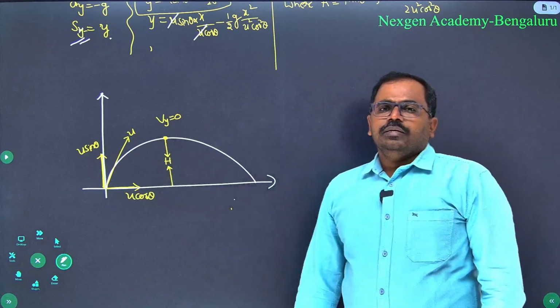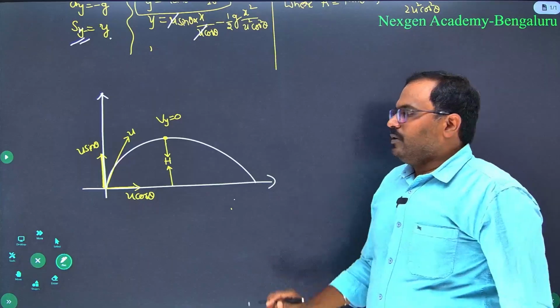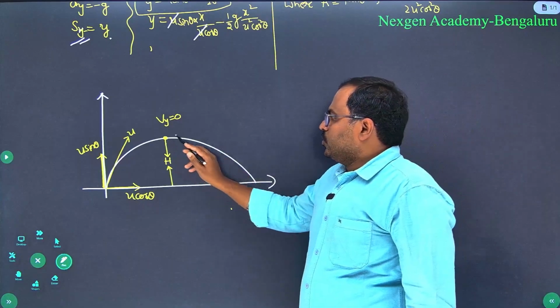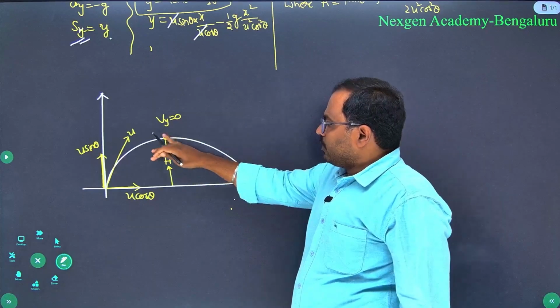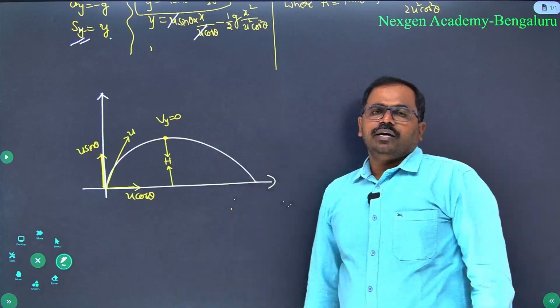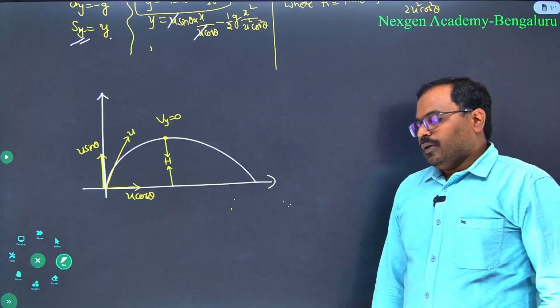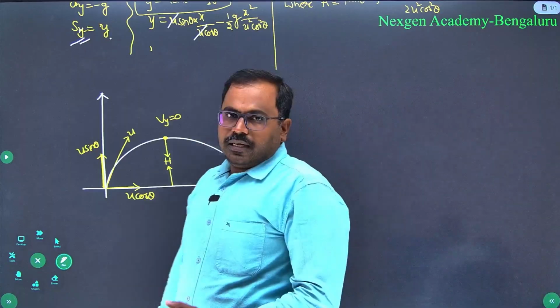Similarly, the time taken by the projectile to reach the plane of projection from the maximum height is called the time of descent. And what is horizontal range?